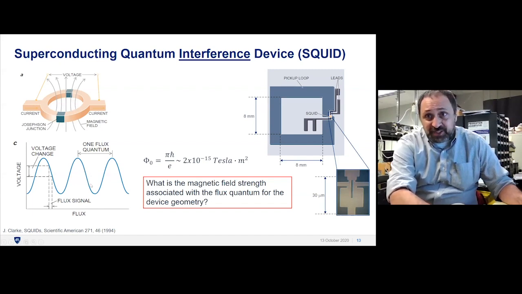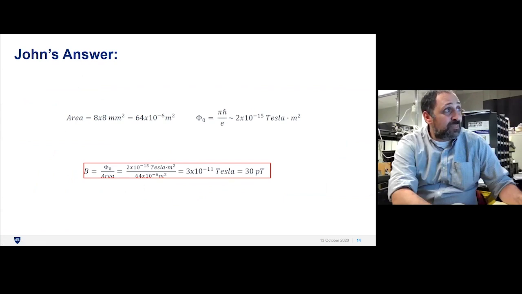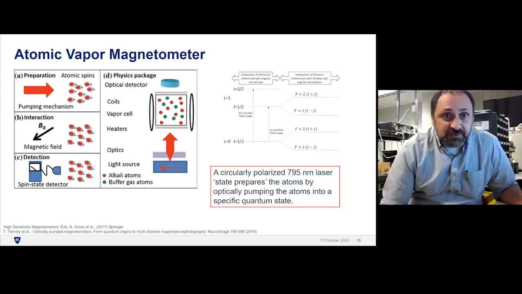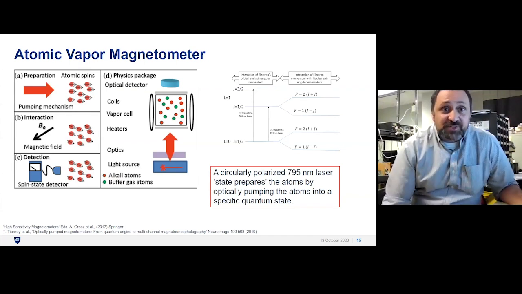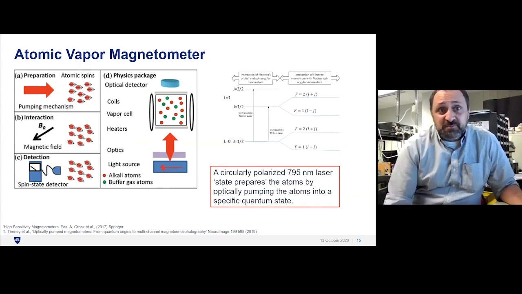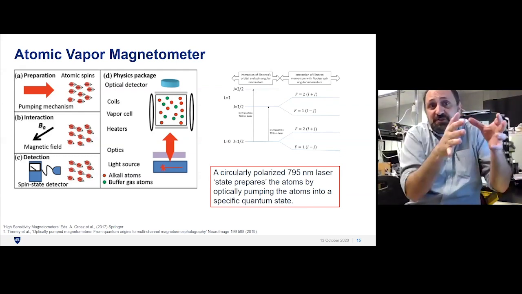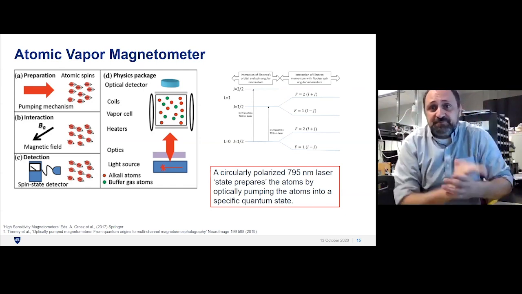You're just measuring the changes up and down on that slope. You don't have to measure a whole flux quantum to make a measurement with the SQUID. You just sit right here. You look at the changes of the voltage. So let's see. Yes, weaker or smaller. A bigger area means that it's a smaller field per flux quantum.